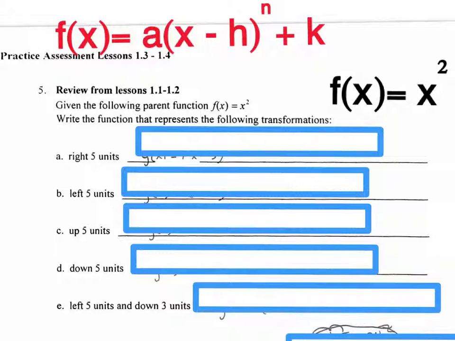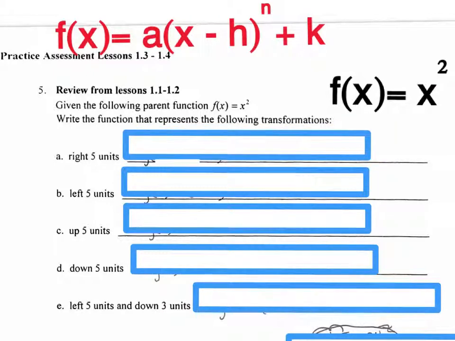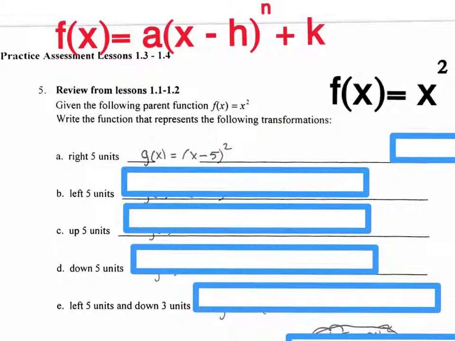Let's first think about this. There are no parentheses around the X, so we need to draw the parentheses and put that minus 5 inside the parentheses with X, and the squared will be on the outside. So let me move this out of the way and you'll see the answer. X minus 5 within the parentheses. g of x equals parentheses x minus 5 squared.